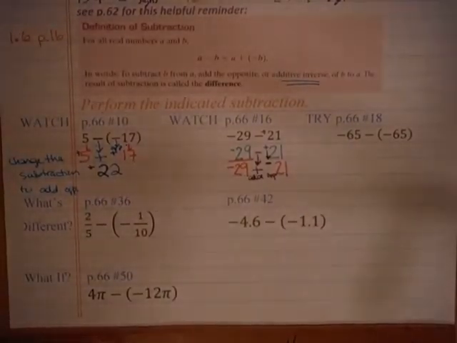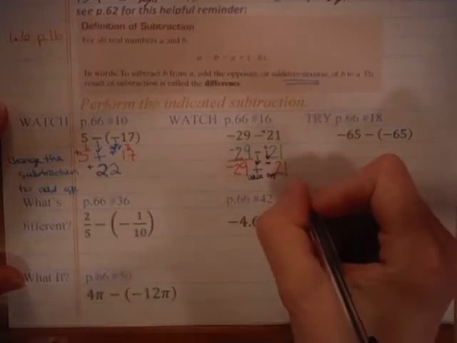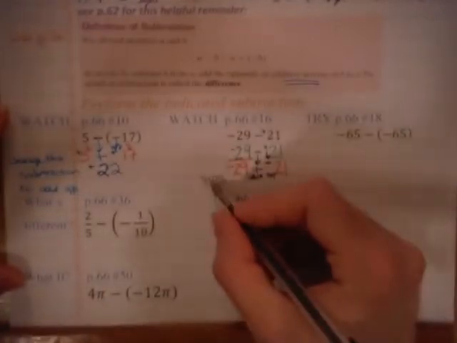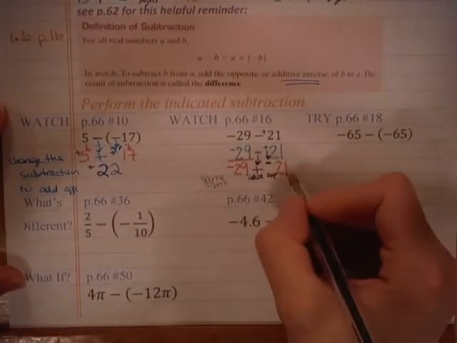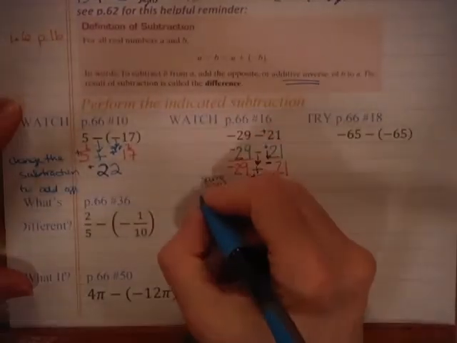Now we take our process. Do we have same or different signs? We have same signs. They're both negative. We add here, because the same signs, we find the sum. 29 and 21 is 50, and then we keep the bigger sign.